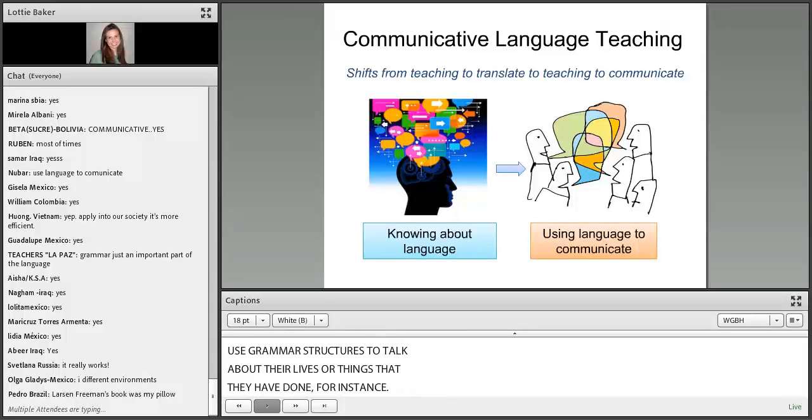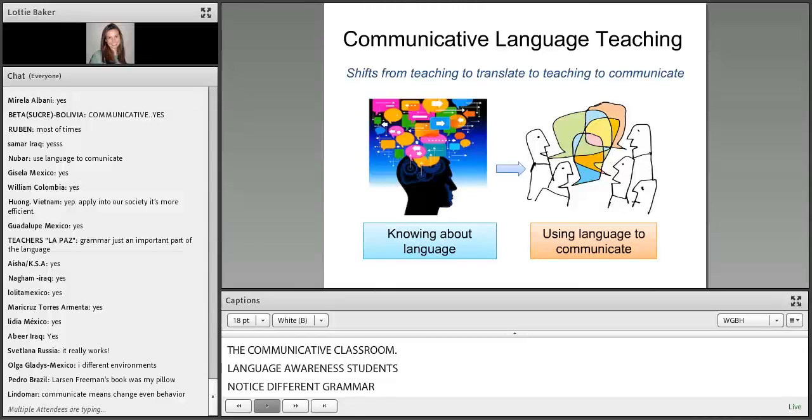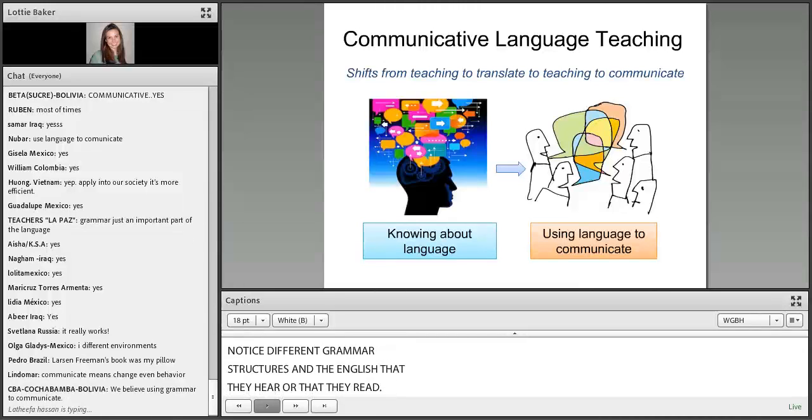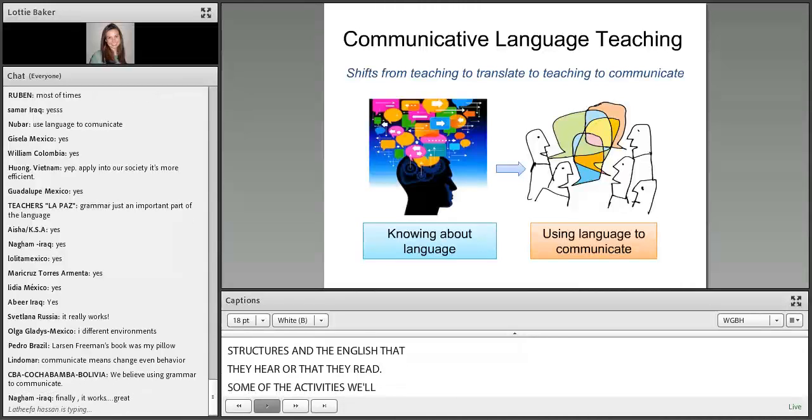And this is another good example of how to communicate grammar in the communicative classroom. In language awareness, students notice different grammar structures in the English that they hear or that they read. And some of the activities we'll talk about today are similar, where students notice how grammar is used to make meaning.